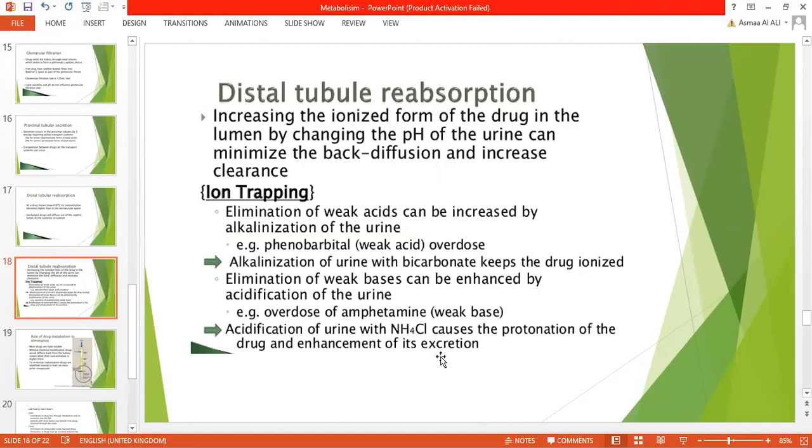So, as a general rule, weak acids can be eliminated by alkalization of the urine, whereas elimination of weak bases may be increased by acidification of the urine. This process is called ion trapping, and these are two examples of ion trapping.